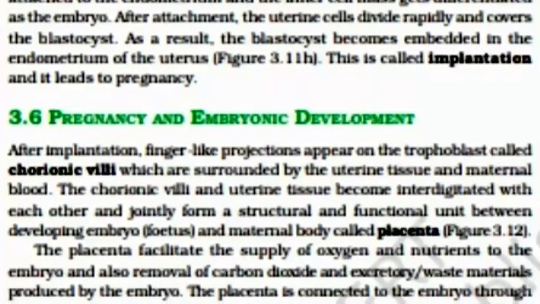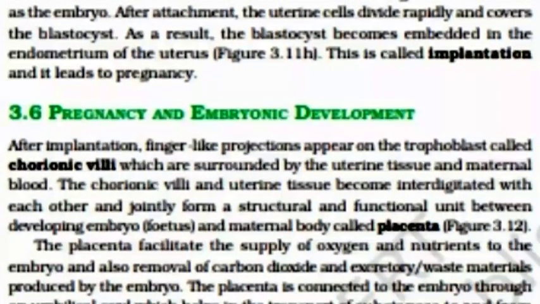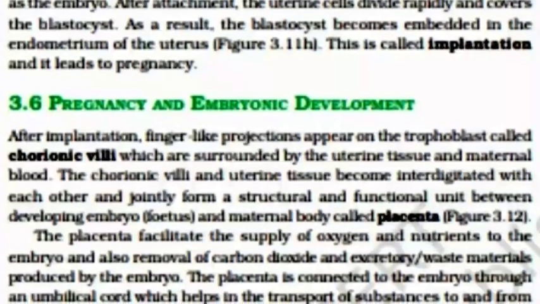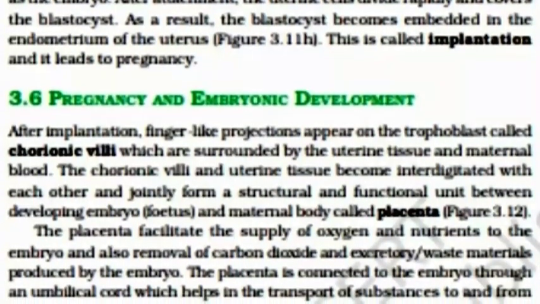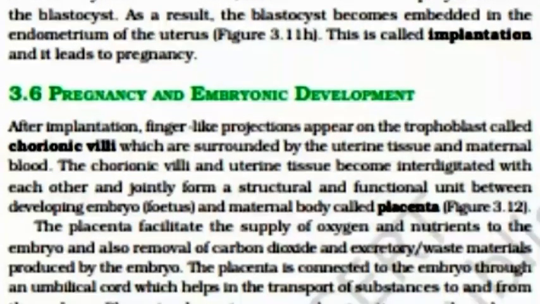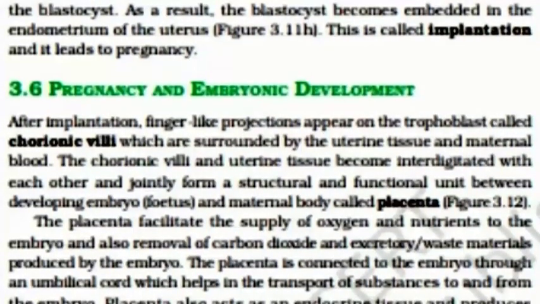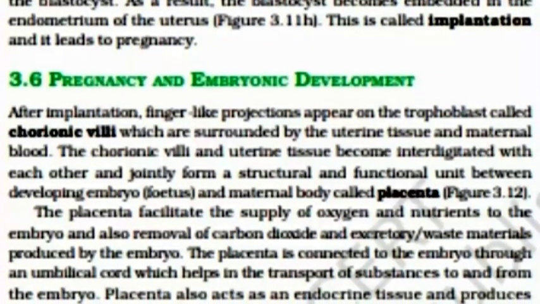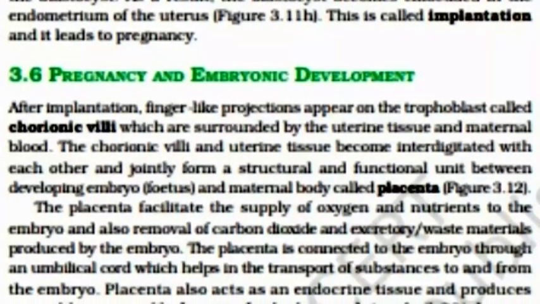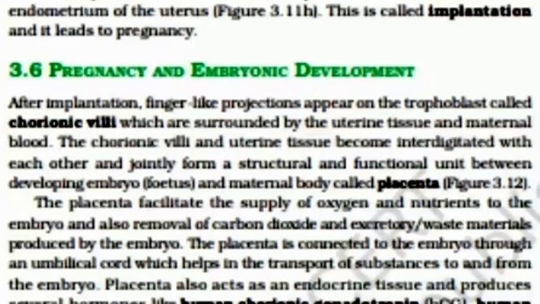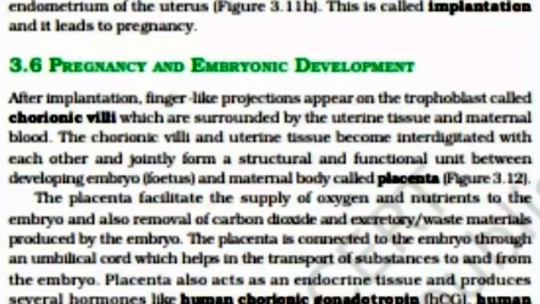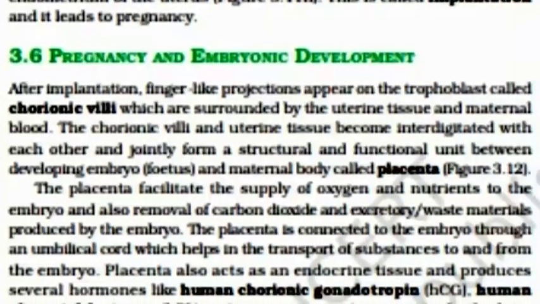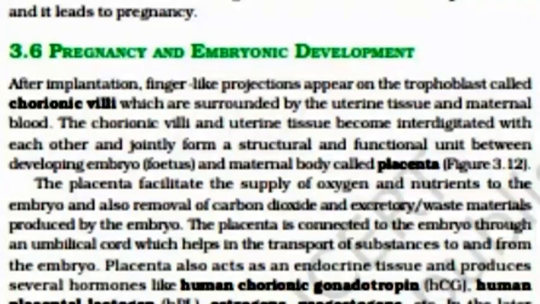The chorionic villi and uterine tissue become interdigitated with each other and jointly form a structural and functional unit between the developing embryo, fetus and maternal body called placenta. The placenta facilitates the supply of oxygen and nutrients to the embryo and also removal of carbon dioxide and excretory or waste materials produced by the embryo.